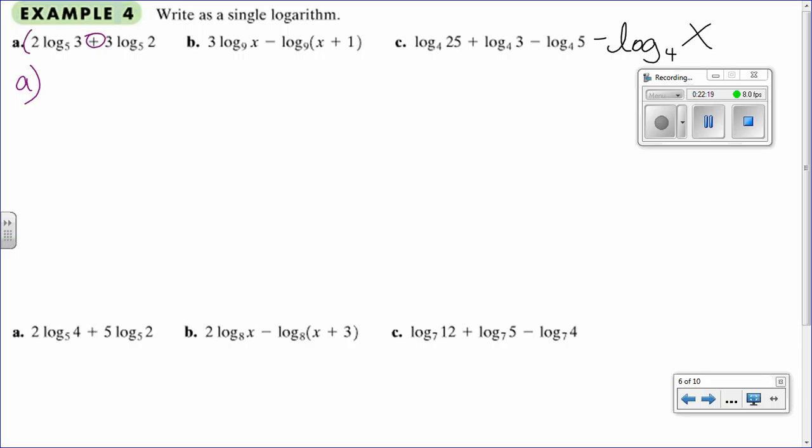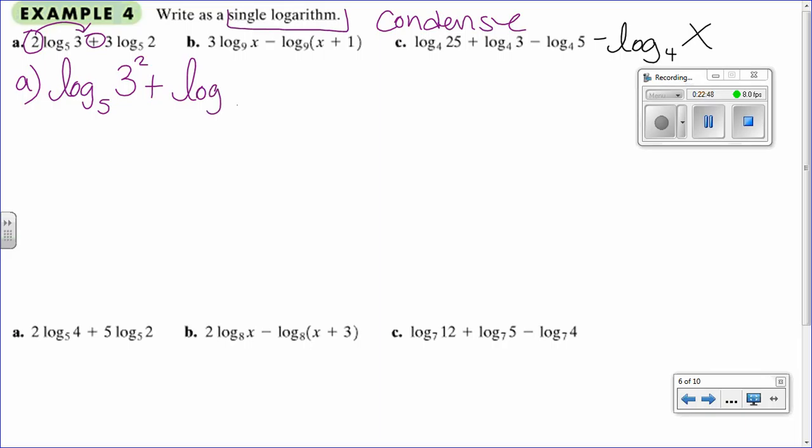So you could take this one, and then it goes from being the coefficient to being the exponent of the argument again. And if you notice the instructions, it says write as a single logarithm. So what that means is that we're still condensing, right? So this will be log base 5 of 3 squared plus log base 5 of 2 to the third power.